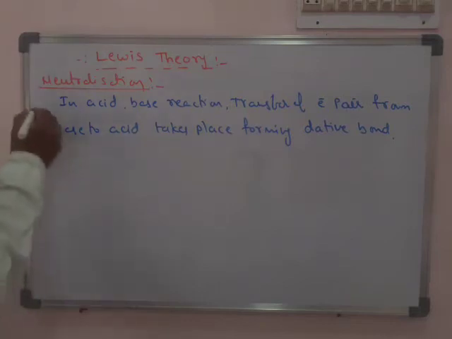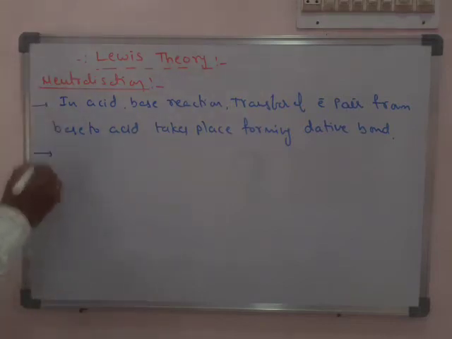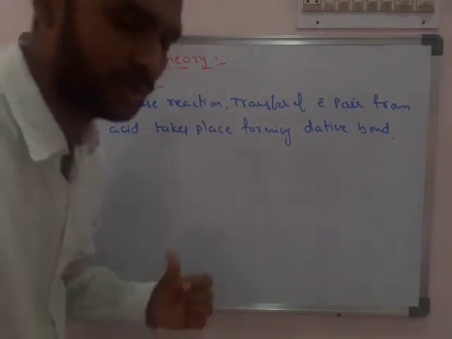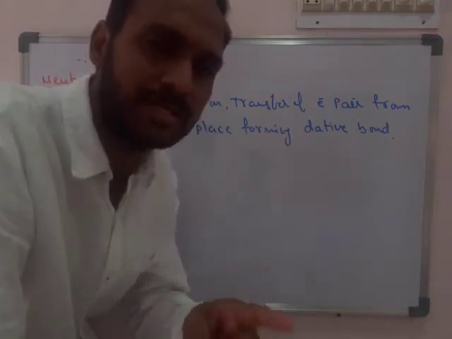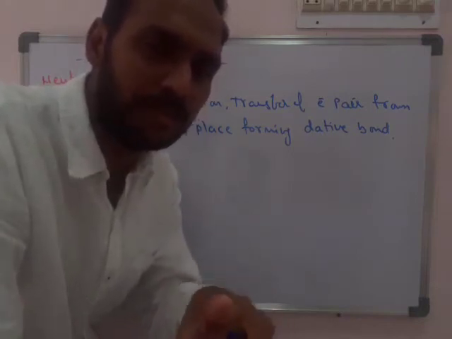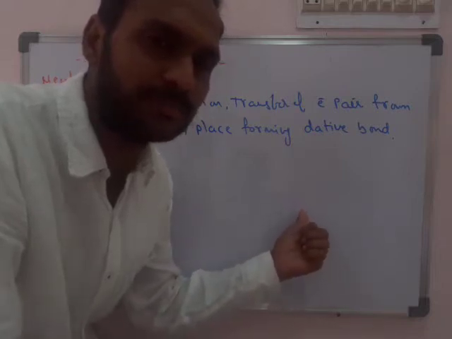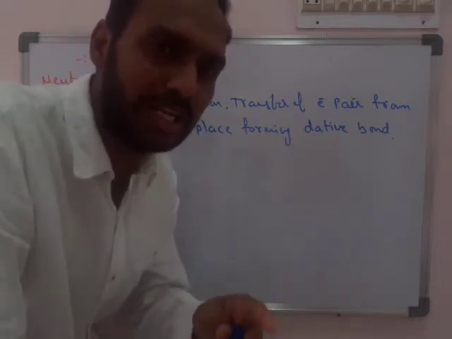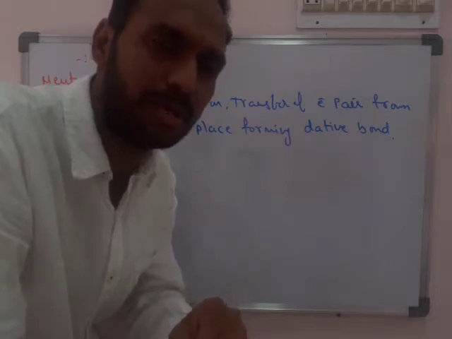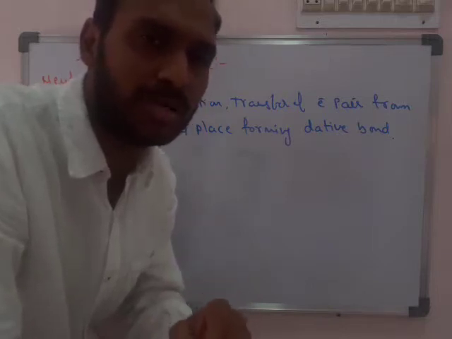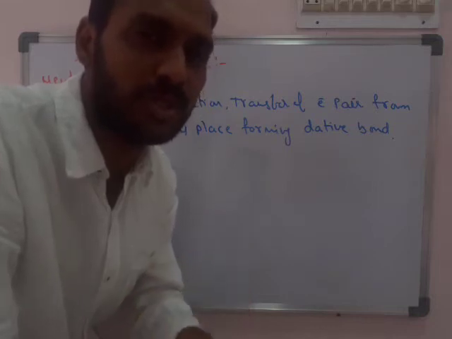So we can say one important point according to this theory: acid-base reaction takes place by the formation of a dative bond. Dative bond means coordinate covalent bond. It is a special case of the covalent bond, and we know that covalent bonds are formed slowly.